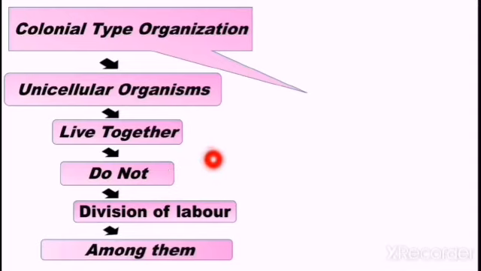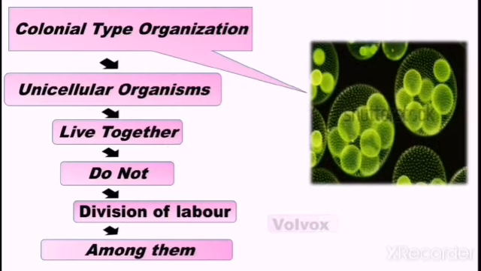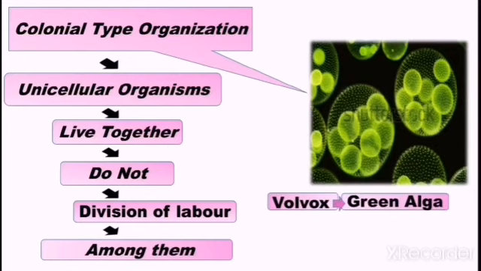In this way we say that they don't have division of labor among them, but they live together and form colonies. For example, Volvox colony. What is Volvox? Volvox is a green alga that lives in the form of colonies. Every cell is independent, but they live together.